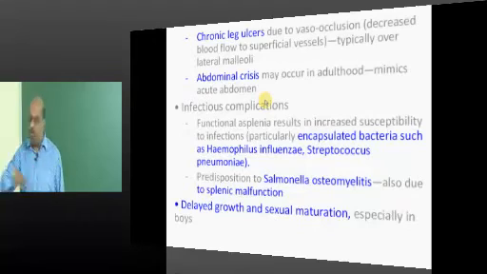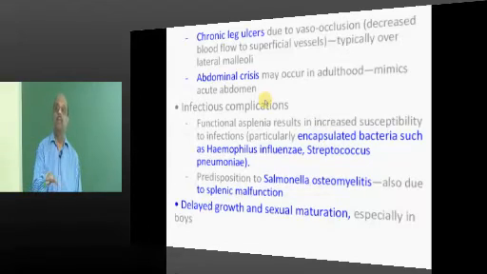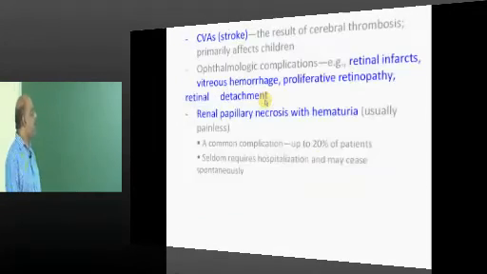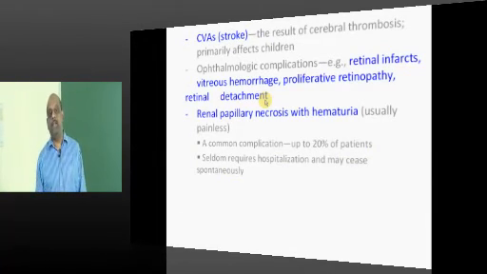When there is vaso-occlusion, increased vascular flow resistance to the blood flow to the kidney, the tubules suffer from ischemic necrosis, and that can lead to development of renal papillary necrosis along with hematuria.